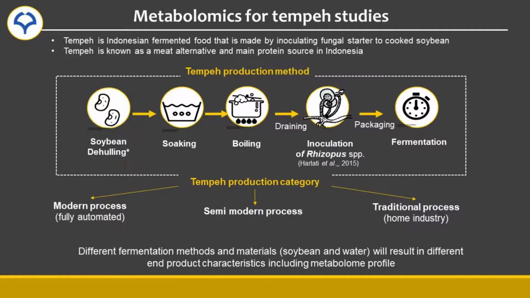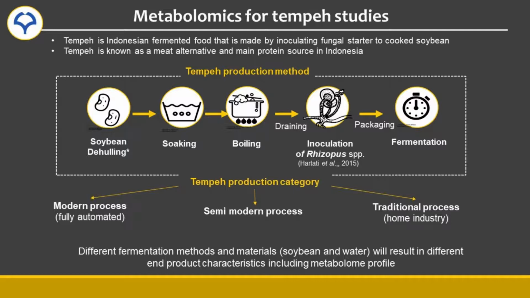Another study is metabolomics for tempeh. Tempeh is Indonesian fermented food that is made by inoculating fungi with soybean. The soybean will be engulfed with white mycelium, and this produces solid texture. Globally, tempeh is known as a meat substitute.